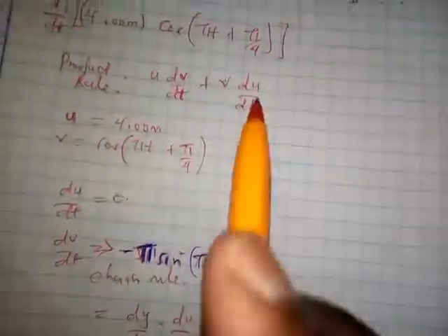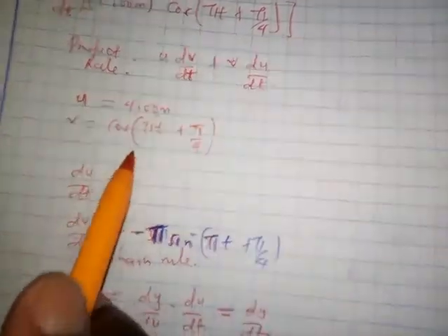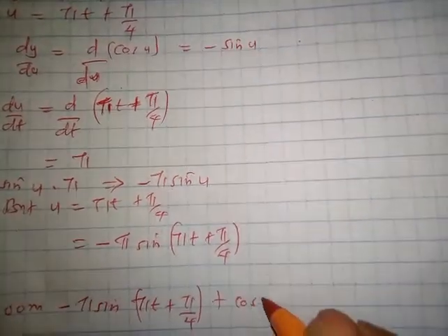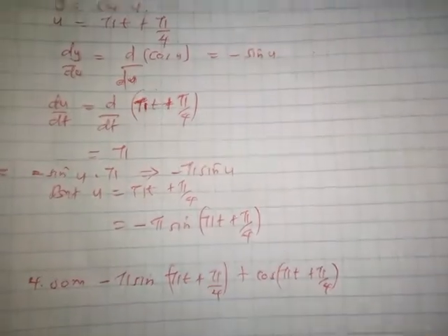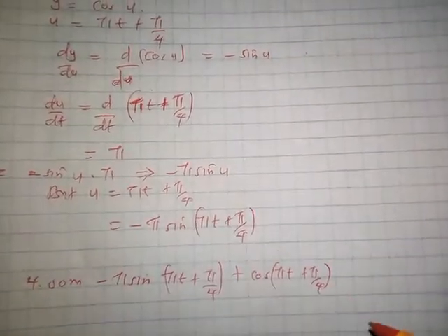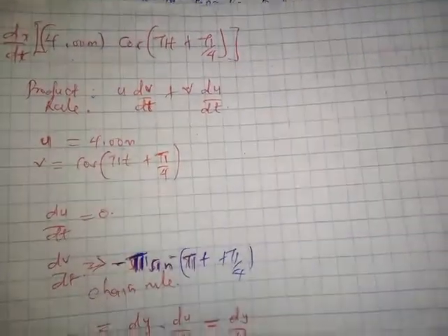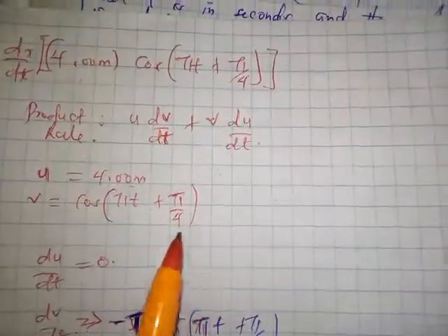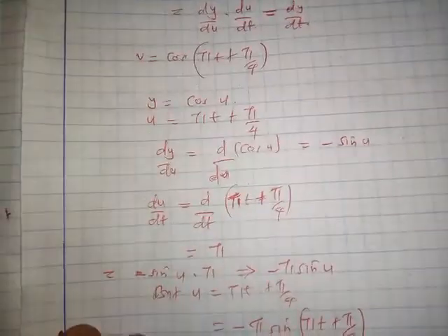Then we add v, which was cos(πt + π/4), multiplied by du/dt, but du/dt is 0. We multiply by 0.